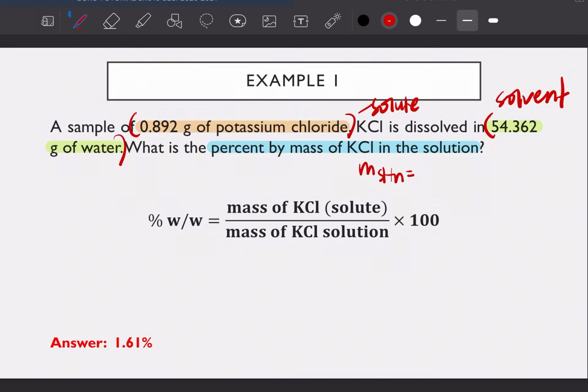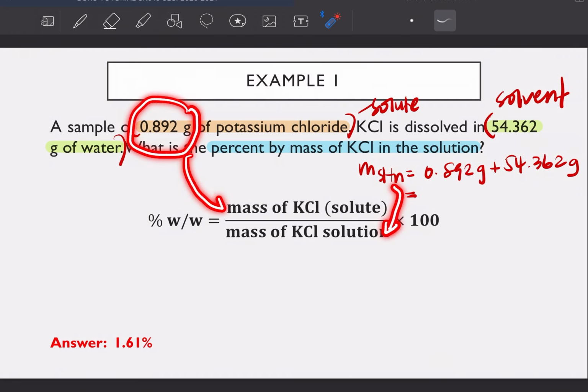So campur je lah 0.892 grams dengan 54.362 grams. So dapatlah berapa awak punya value tu. Okay, so masukkan je this value in here kat bawah ni, and mass of KCl, your solute, is this one, 0.892. Okay, and then times with 100 and you will get 1.61%.